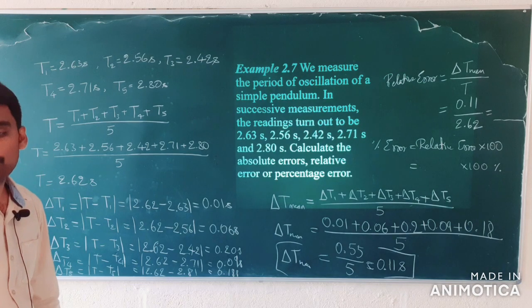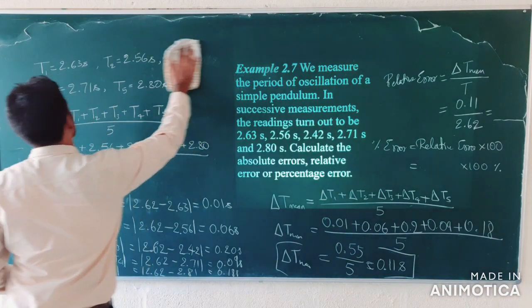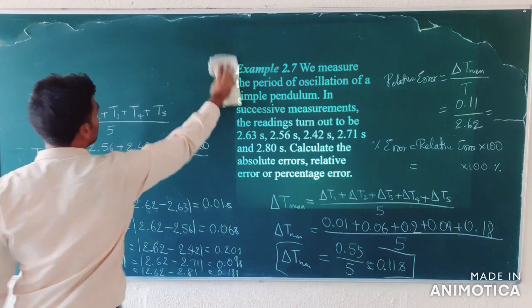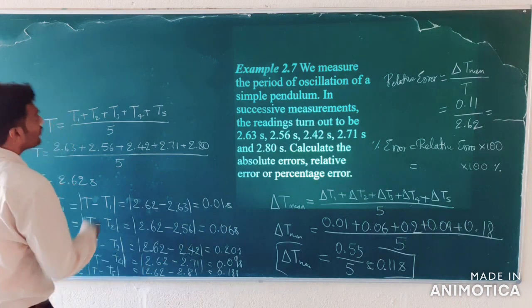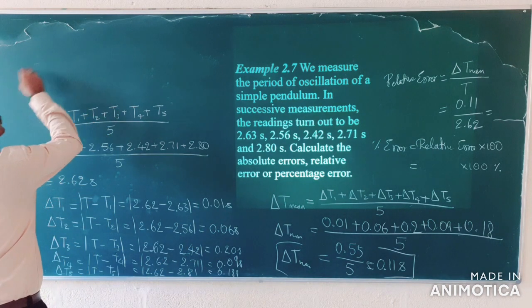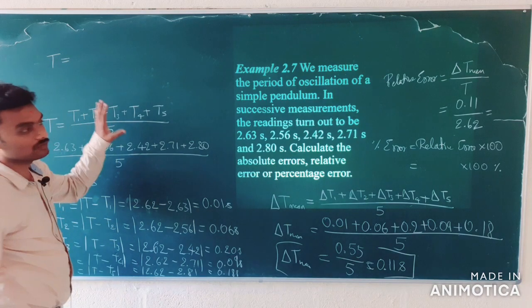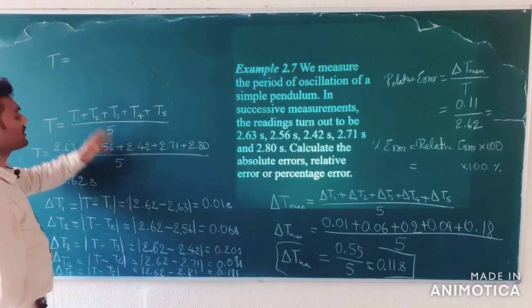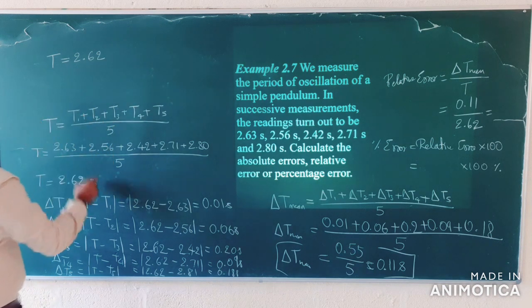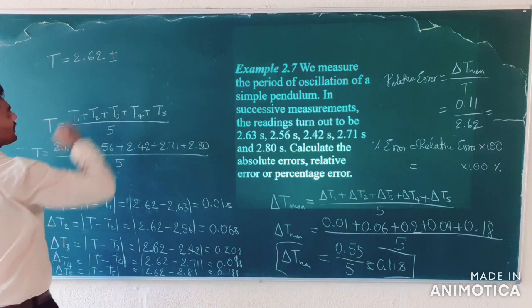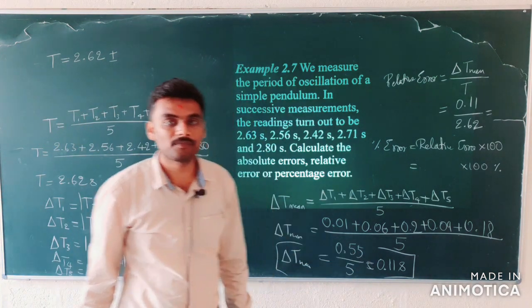Now when it comes to expressing the final absolute error, the way in which we should express it is the true value plus or minus the mean absolute error. So the complete value for the given set of measurements is given by T equal to 2.62, which is the true value, plus or minus the error. What is the error that we have? The error is 0.11 second.